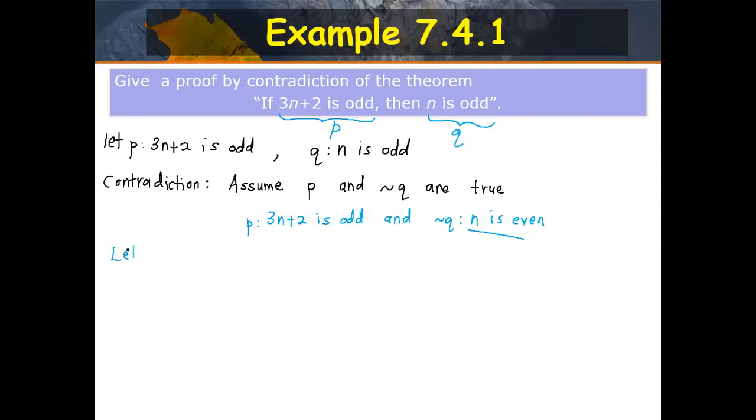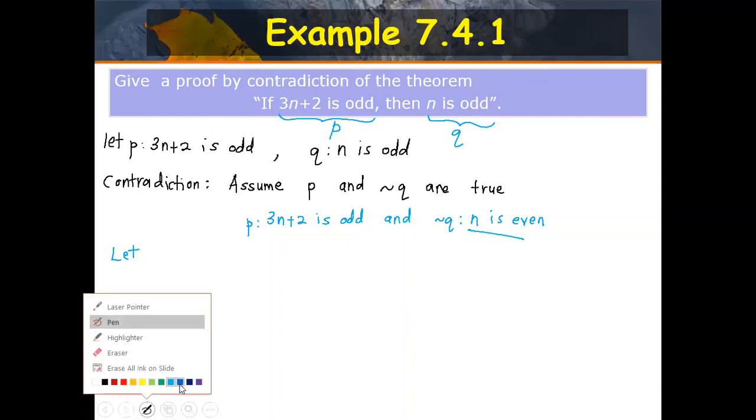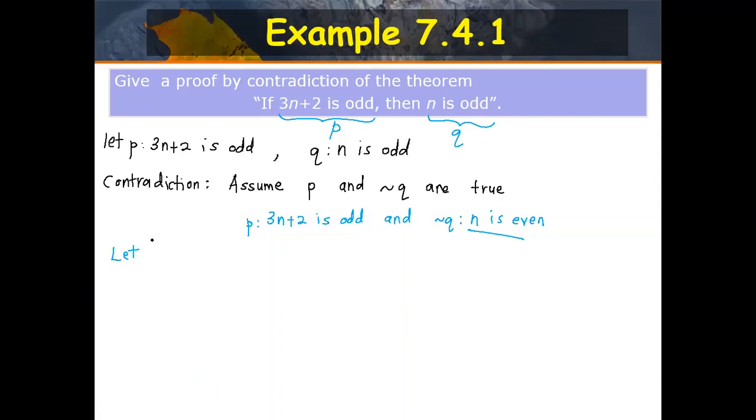So let n equal 2k, and I say that every time you use a new term, you have to define it. So what is k? K mesti integer. Kalau tak, dia tak akan jadi even. Okay, so k is an integer.